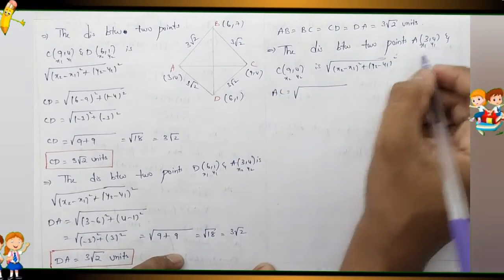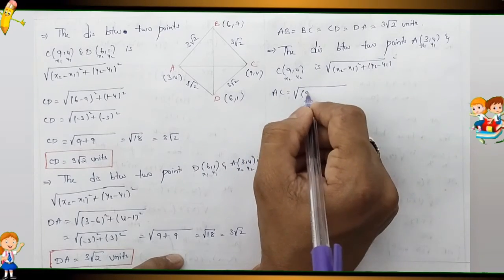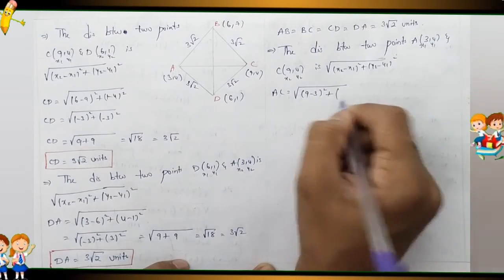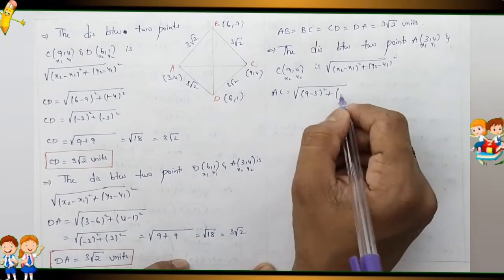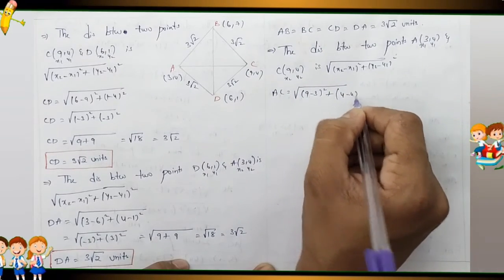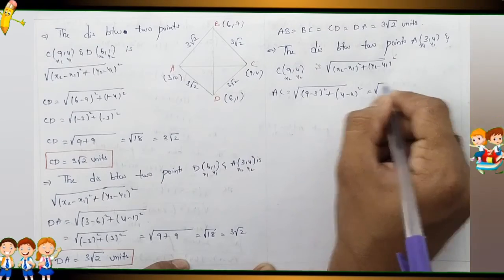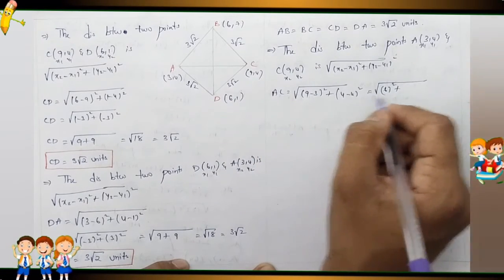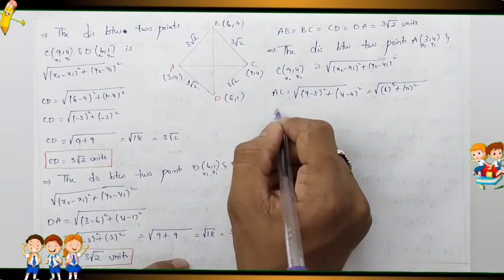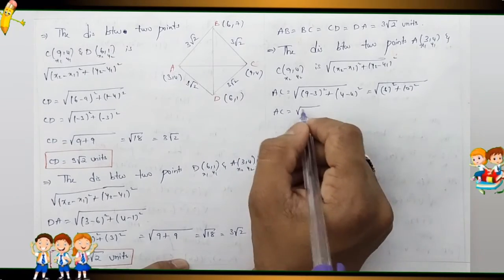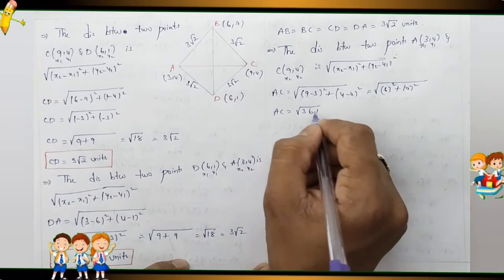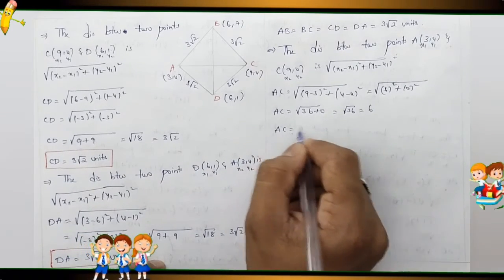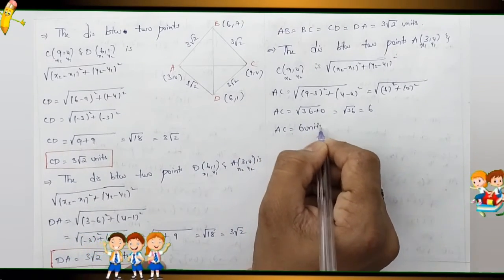Now x2 minus x1, 9 minus 3, whole square plus y2 minus y1, 4 minus 4, whole square. So 9 minus 3 how much? 6 whole square. 4 minus 4 is 0 whole square. So AC is equal to 6 square value 36 plus 0, so you can write 36. Root 36 value is 6. So AC is 6 units.